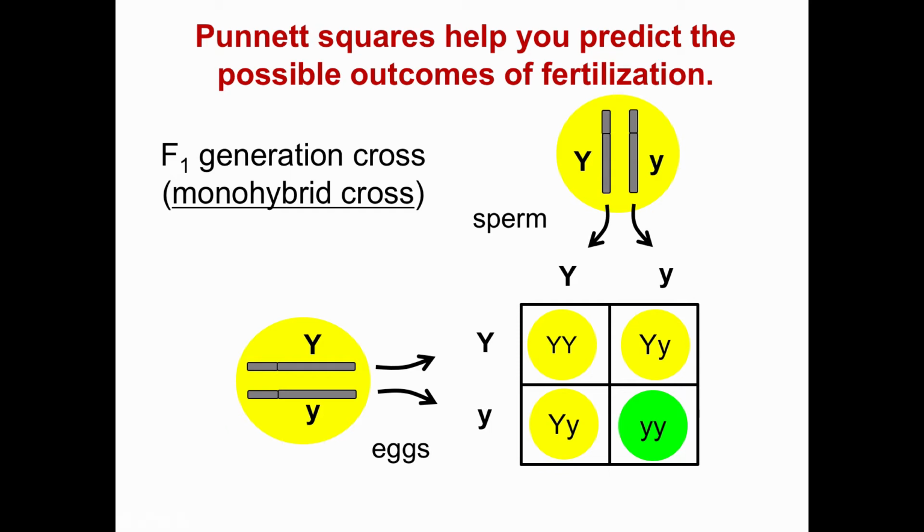So our phenotypic ratio, in terms of what we can see, would be 3 to 1, 3 yellows to 1 green. If we wanted to do a genotypic ratio, it would be 1 to 2 to 1: 1 homozygous dominant, 2 heterozygote, and 1 homozygous recessive.